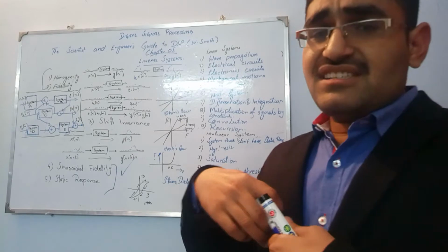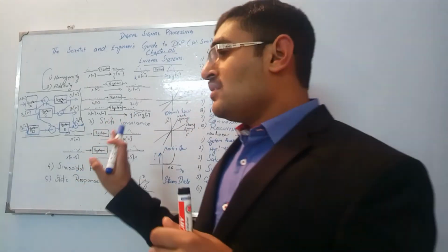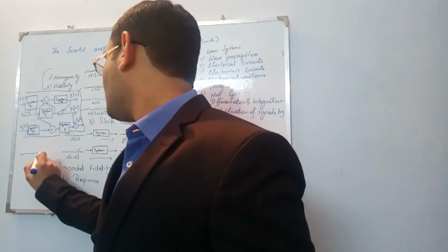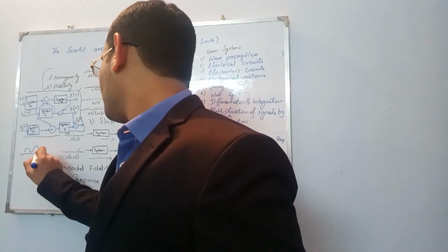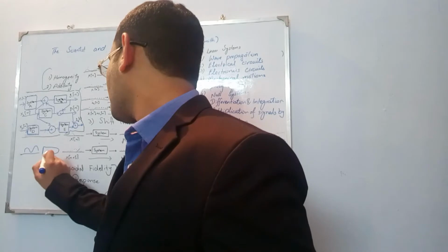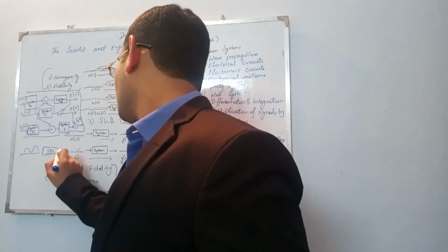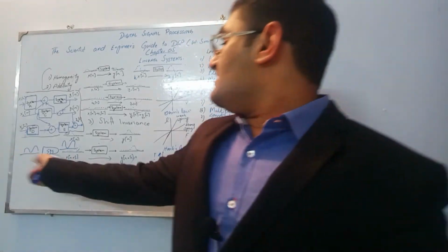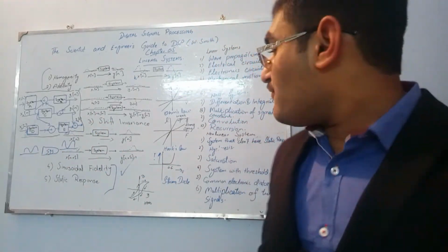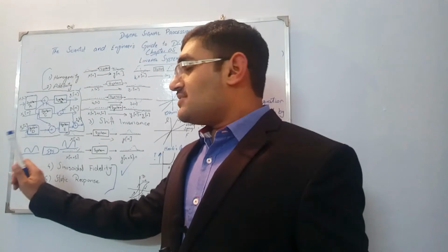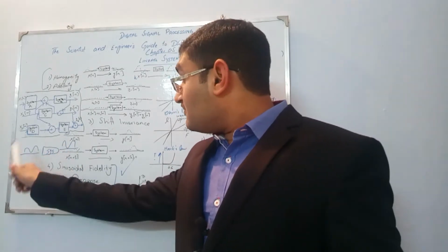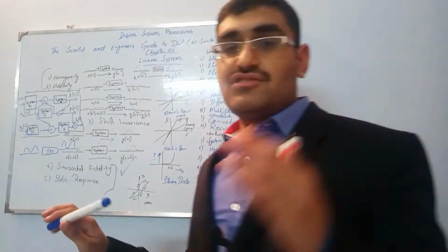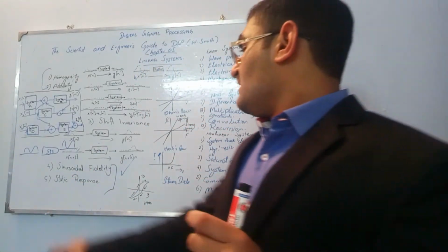When we apply a sinusoidal signal to a system, and the output of the system is also a sinusoidal waveform and the phase of both these waves is the same, then this is called sinusoidal fidelity.